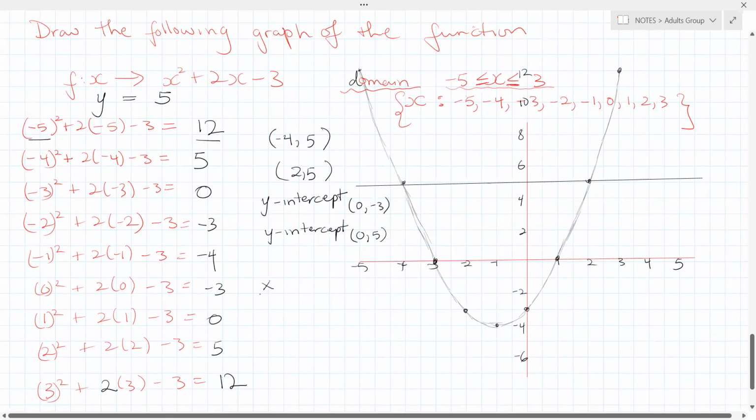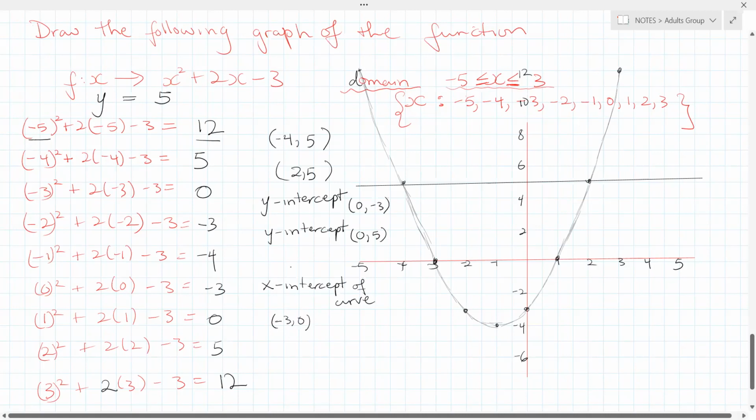What is the x-intercept of the curve? There are 2 coordinates. -3 and 0.